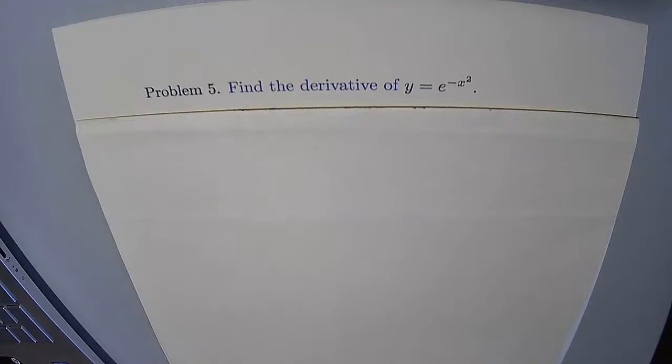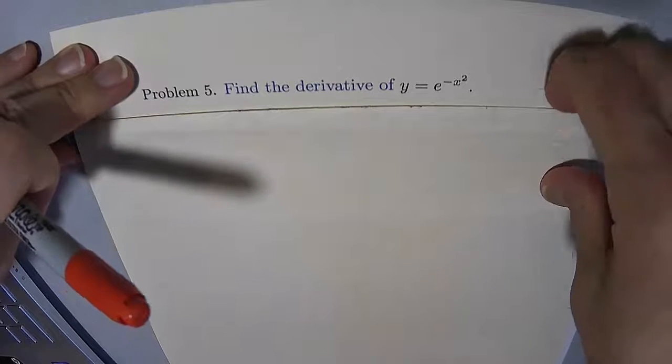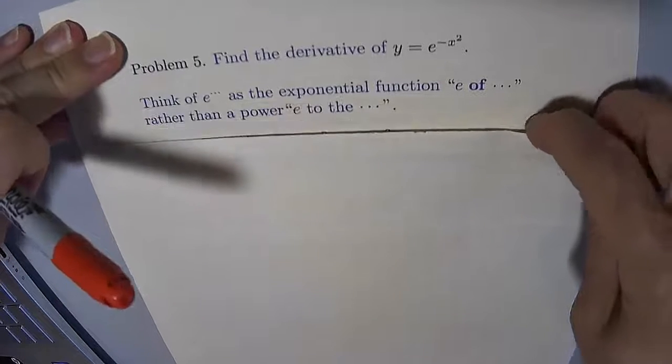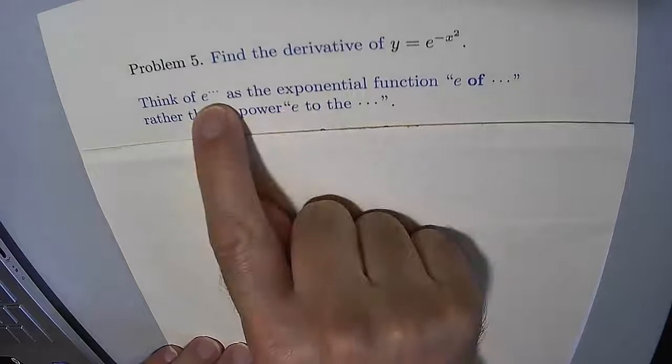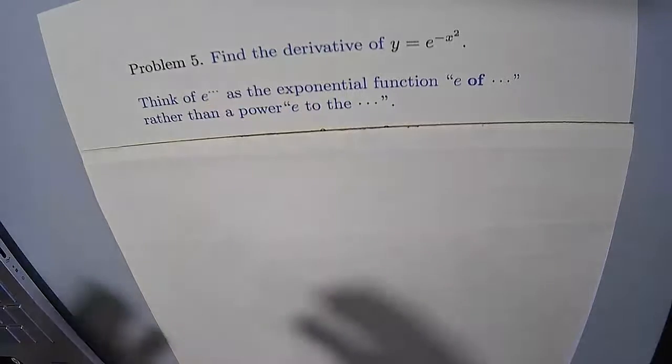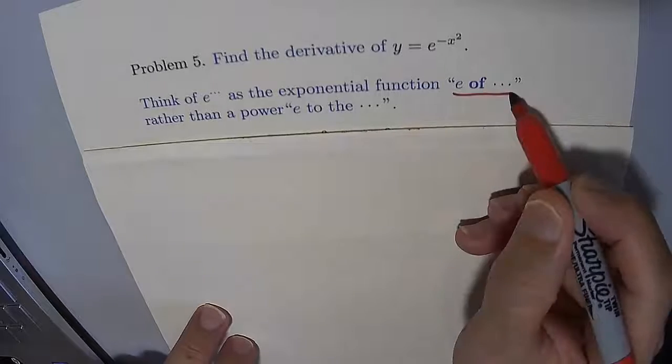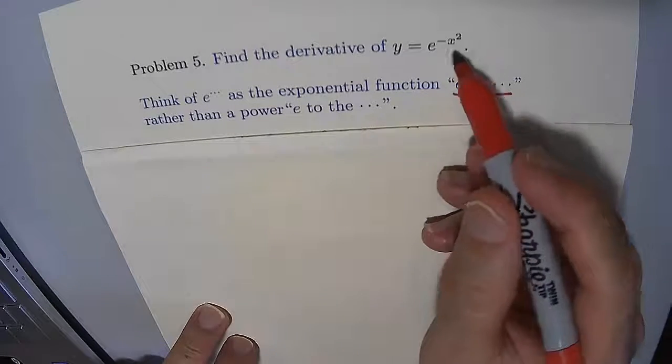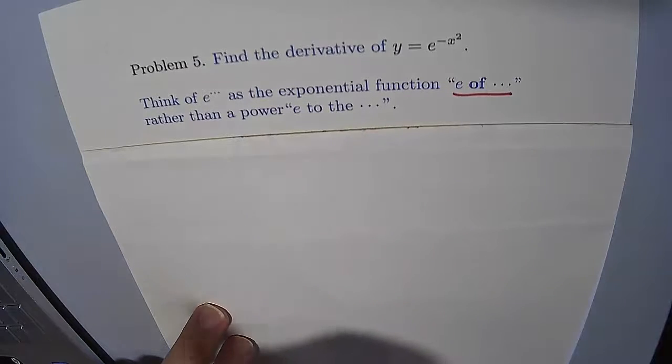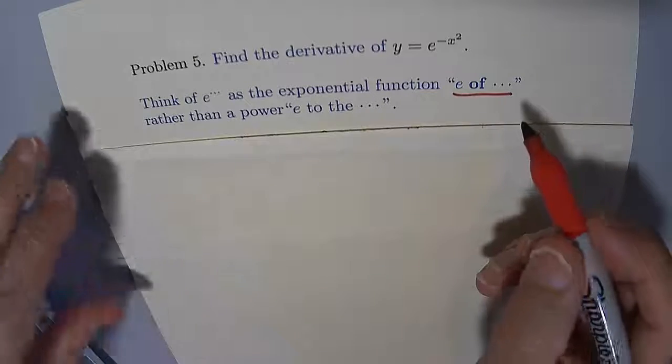In problem 5, we want to take a derivative of e to the power minus x squared. We can think of this as a composition of the exponential function e to the power of whatever goes inside the parentheses, in this case negative x squared.